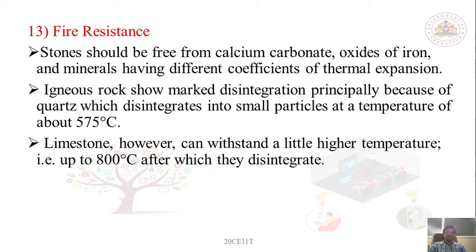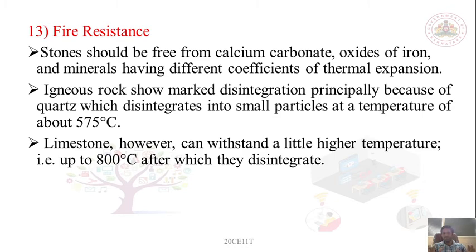Now we will discuss fire resistance. Stones should be free from calcium carbonates, oxides of iron, and minerals having different coefficients of thermal expansion. Whatever stone you use for construction or building should be free from minerals which have different coefficients of thermal expansion.